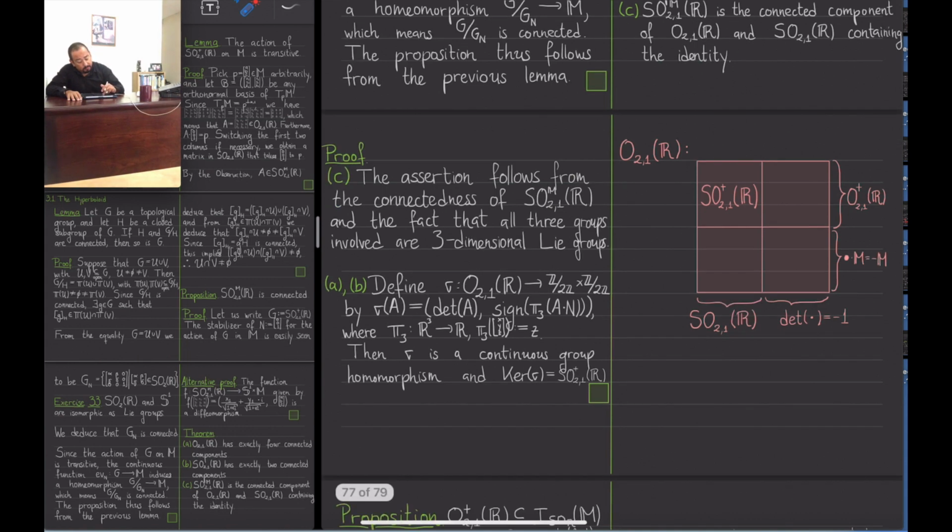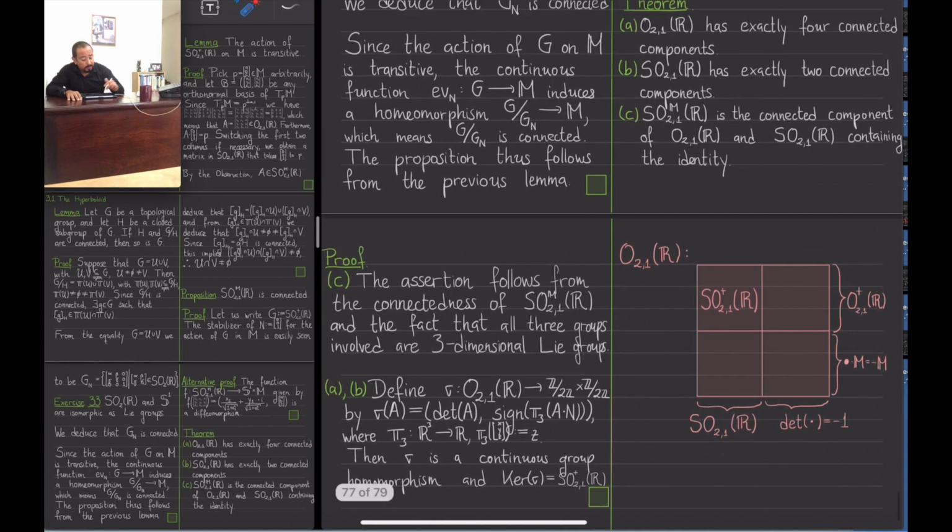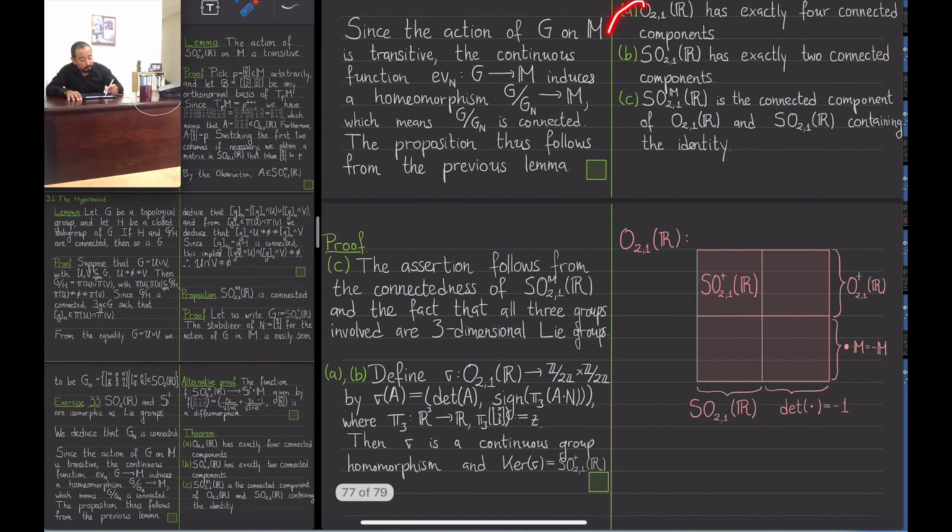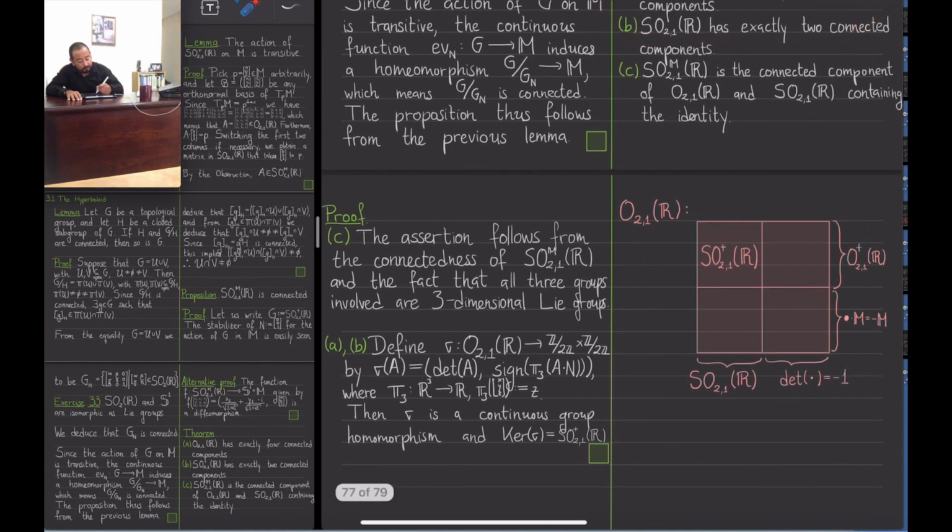Okay. Right, and for A and B, for the number of connected components of this one, what I do is just formalize this argument of having determinant plus minus 1 and independently being able to exchange or not the two sheets.